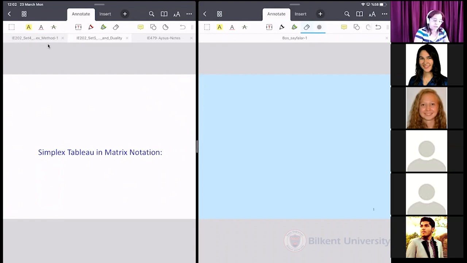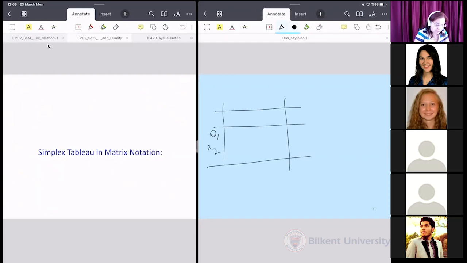I can only tell you that, let's say, your rows, this is A1 and X2, and this is say S3. What I was trying to say is this is 0, this is 0, but still in the basis. And these are like 2 and 5, something like that.